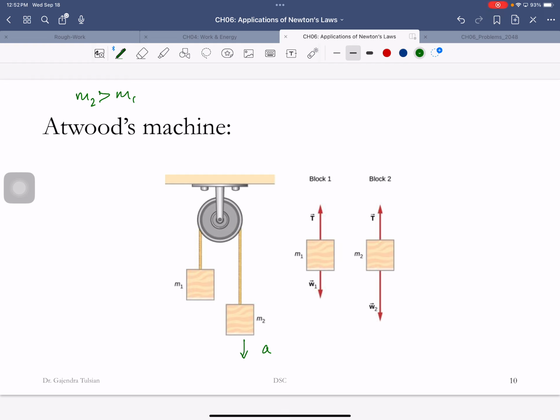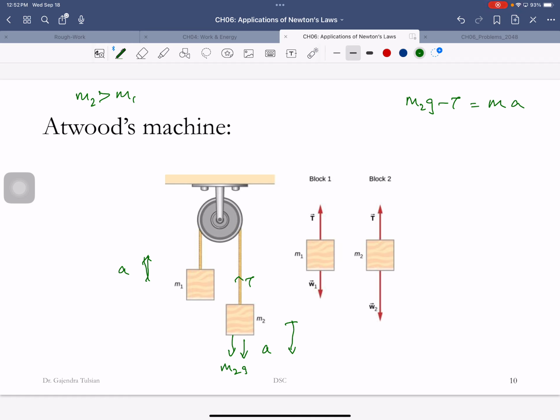And so this guy will be accelerating a1, the acceleration will be upward, except that the magnitude is the same, so we'll use the same letter. For this guy, let's say the axis is pointing this way. What are the two forces acting on him? m2g and tension. So m2g minus tension is equal to mass times the acceleration.